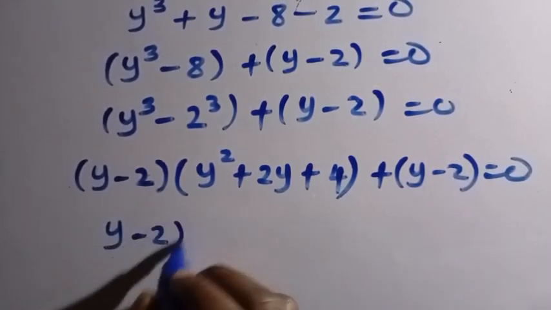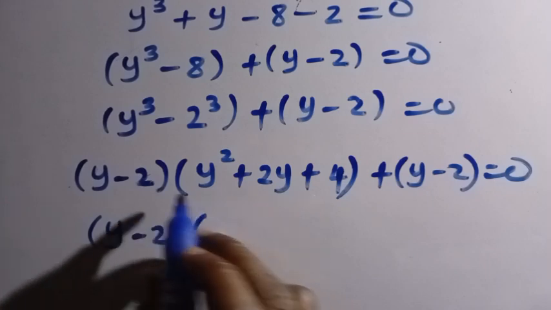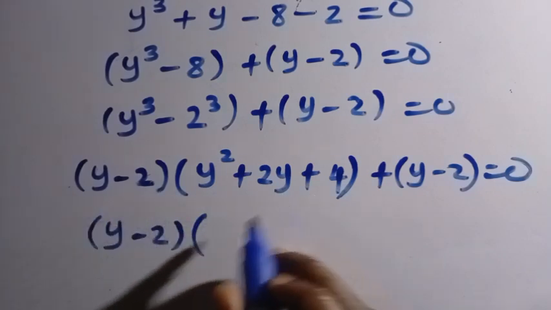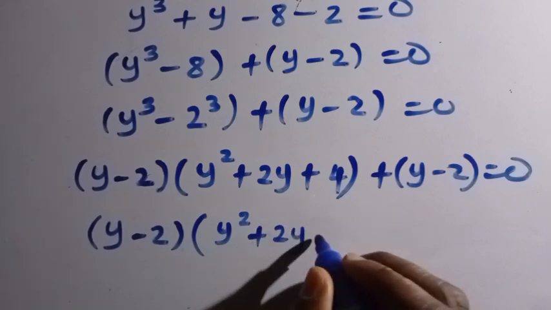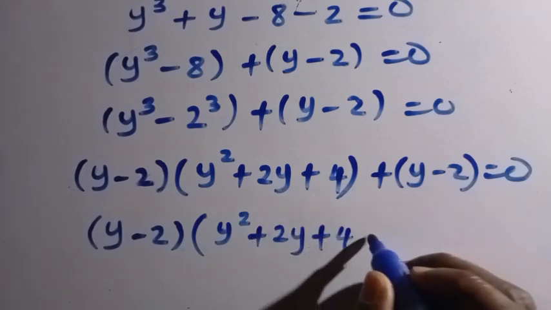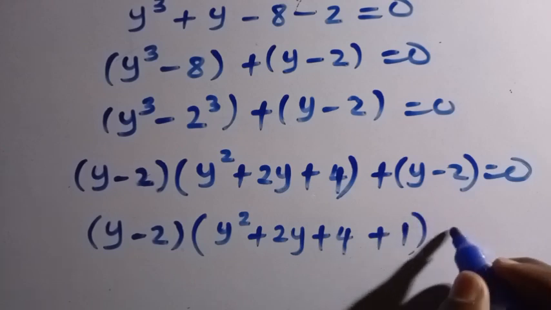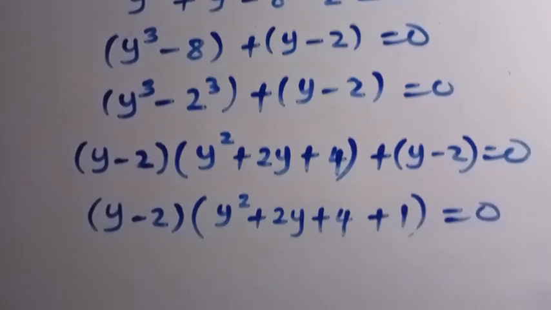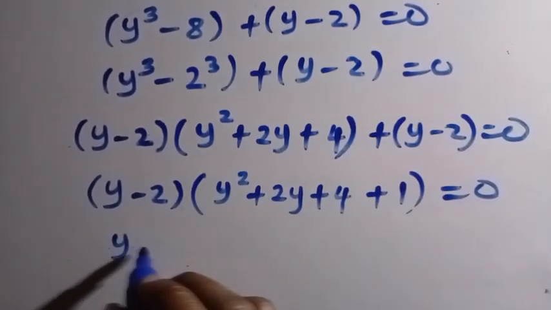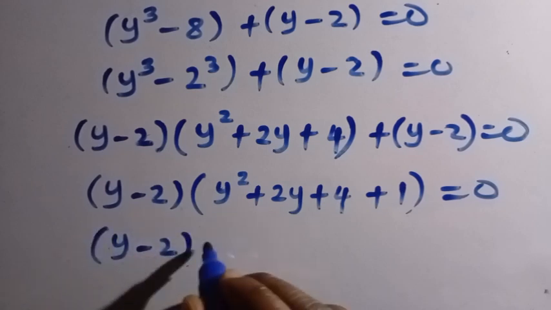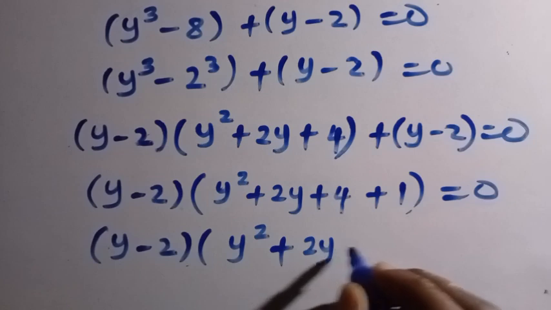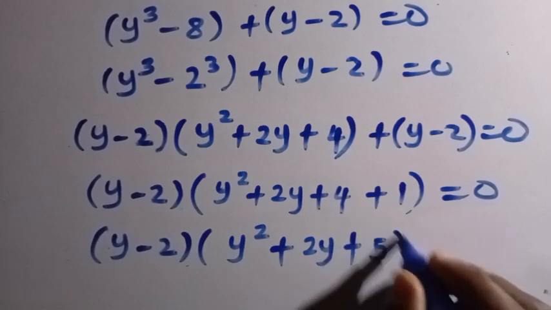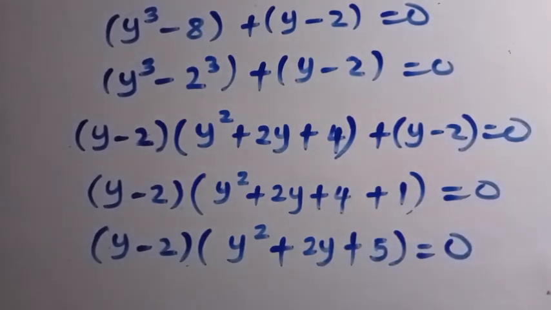When we factor out y minus 2, inside we have y squared plus 2y plus 4 and also plus 1 equals 0. So the whole of this becomes y minus 2 multiplied by y squared plus 2y plus 5 equals 0.